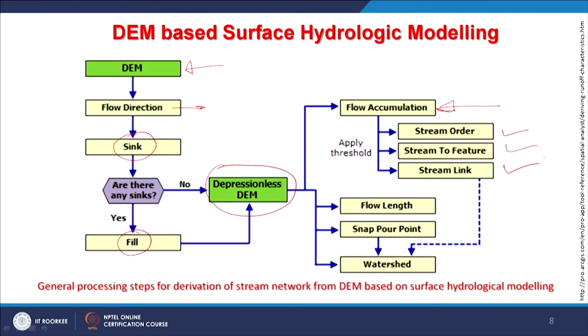Further, using this depressionless digital elevation model, you can calculate flow length. You can also get a snap pour point, that means wherever you manually click, a watershed boundary can be delineated. And finally, for your input digital elevation model, just by giving a threshold value, you can delineate whichever watersheds are present in it.